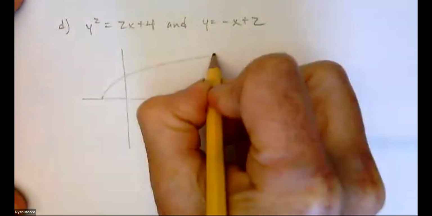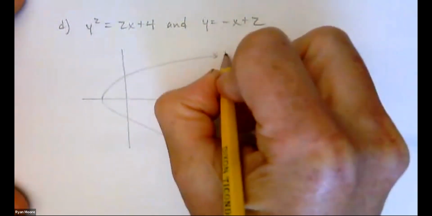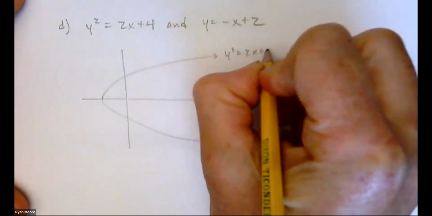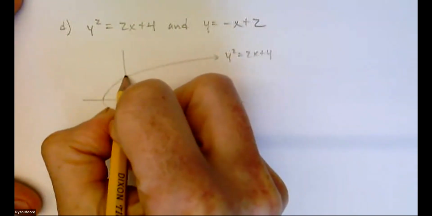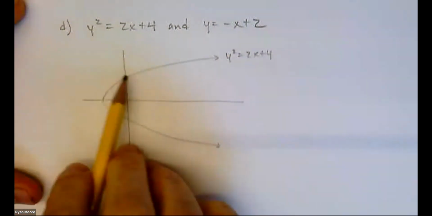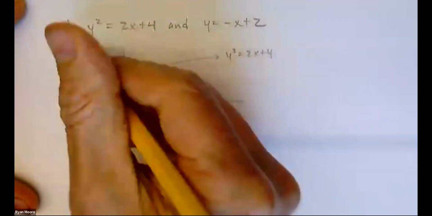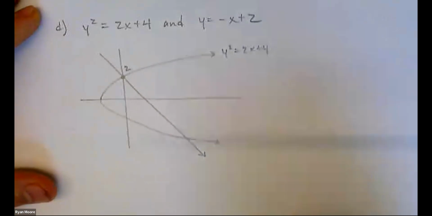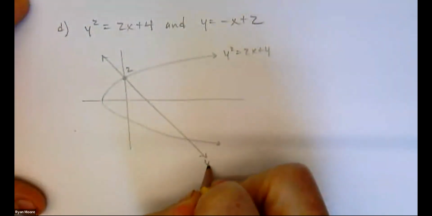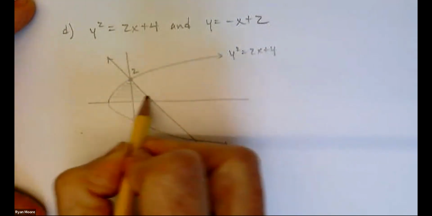The parabola is doing this sort of thing. That's y squared equals 2x plus 4. And then that line crosses through this same point at 2, and it cuts down across. Y equals negative x plus 2. And there's the region.